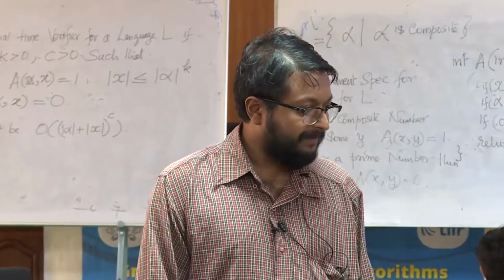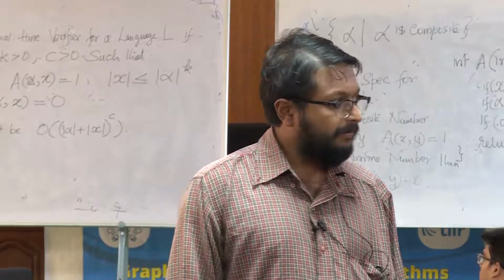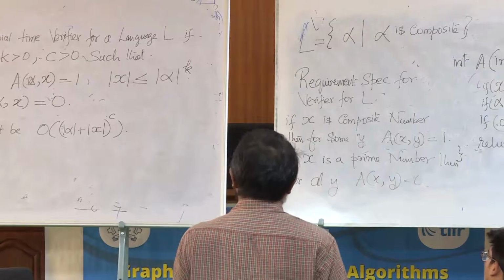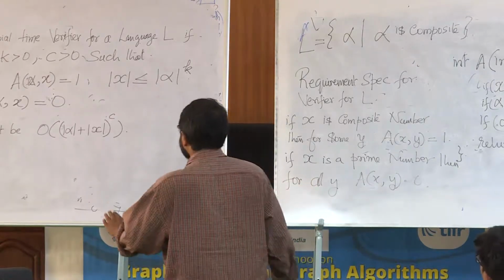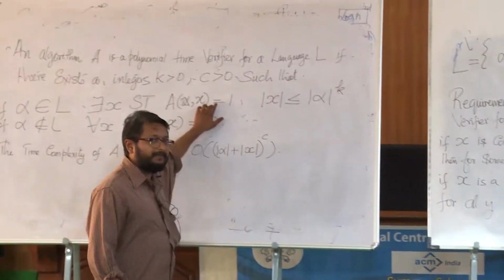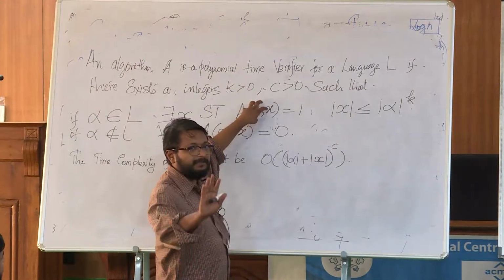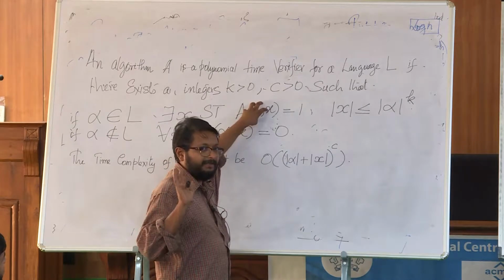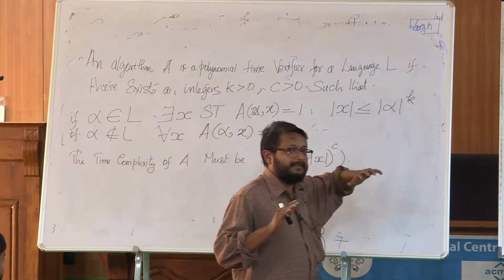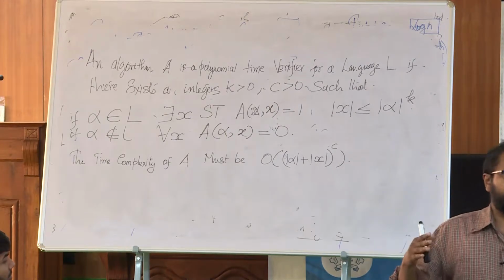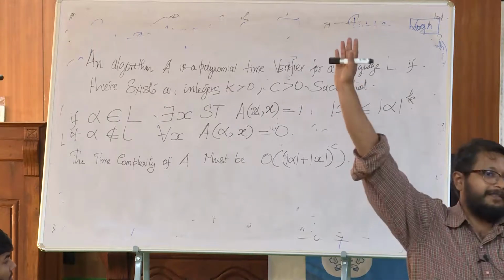So how do we represent the constant? And c is greater than 0? No, it doesn't matter. All I am trying to say is these things are bounded. The permitted length of this proof is bounded by some polynomial in the length of the input. It doesn't matter what constants these are. That's what I am trying to say. The proof cannot be too long. That's all it says.